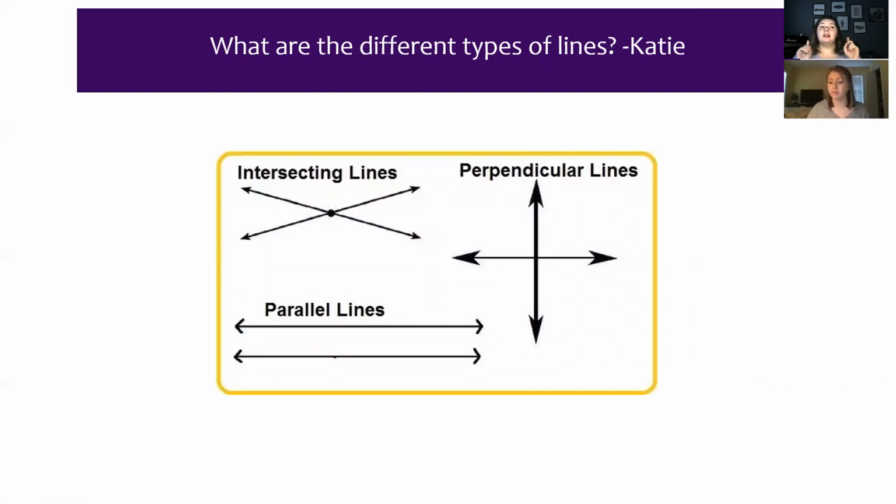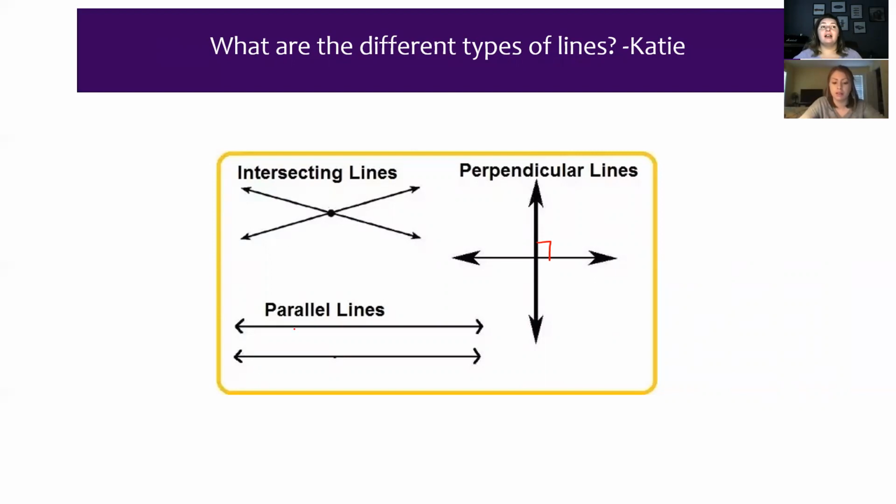Now, perpendicular lines are intersecting lines too, but a perpendicular line is a right angle only. It has to make a perfect box. I am not going to draw a perfect box, but we could put a box right there and it would be a perfect right angle.